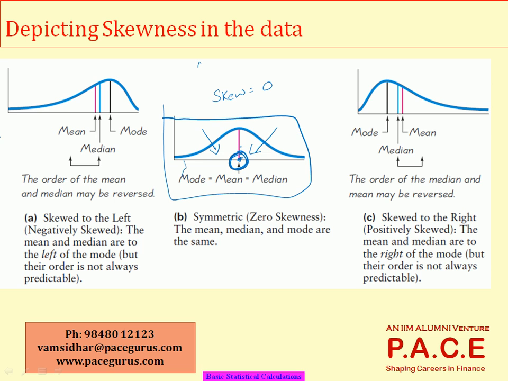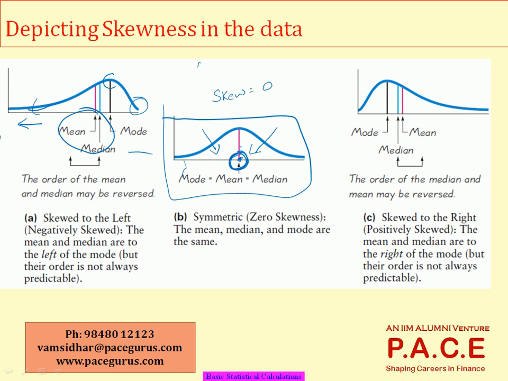Whereas in this case, where the tail is elongated towards the left, we have a big tail on the left, but not much of a tail on the right. Such a situation is an indication of negative skewness or left skewness, wherein the mean and the median are towards the left of the mode.